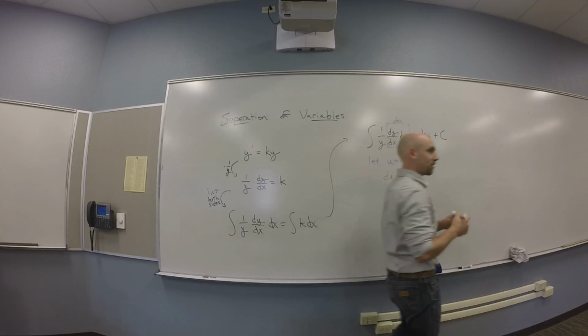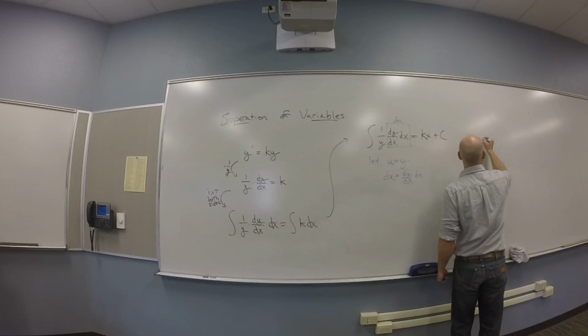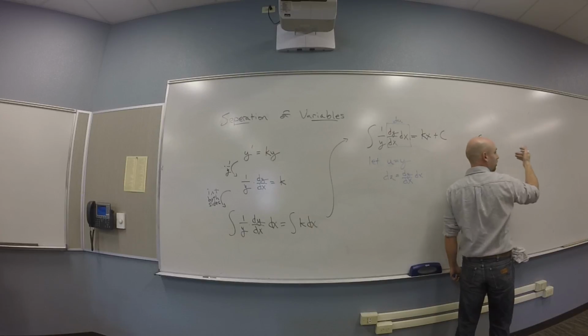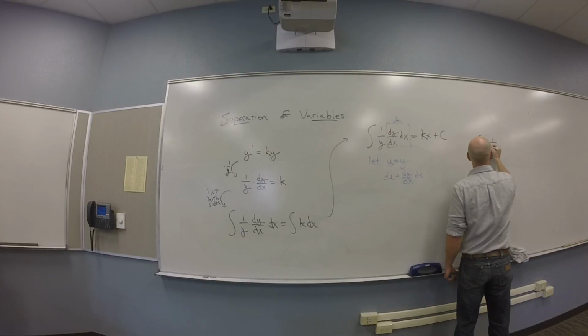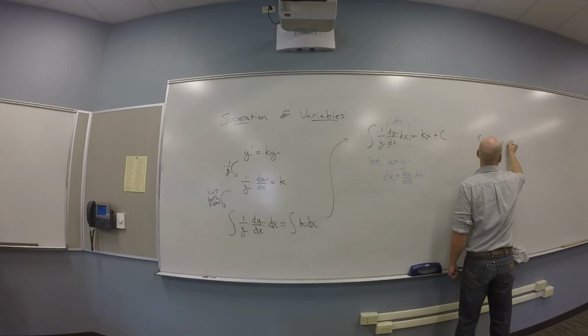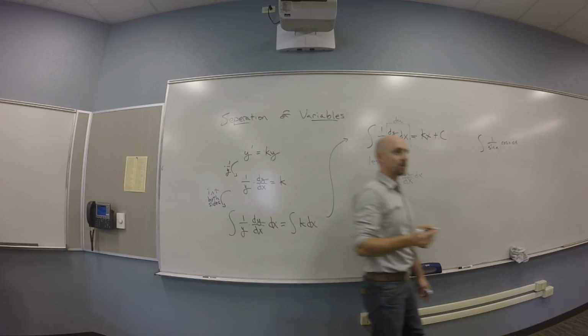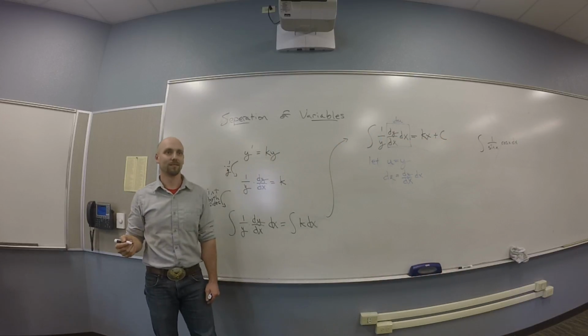Okay, so let me try another example. Say I had the integral of, oh, I forget which one this is. It's either cotangent or tangent. Cosine over sine is cotangent.